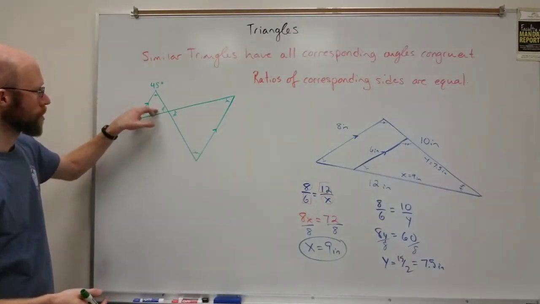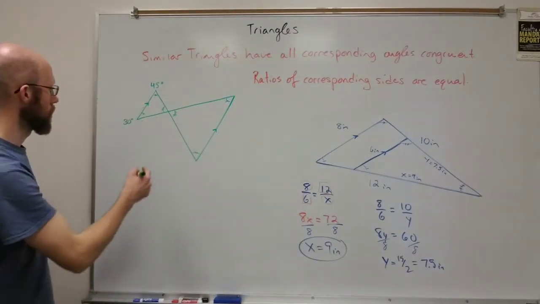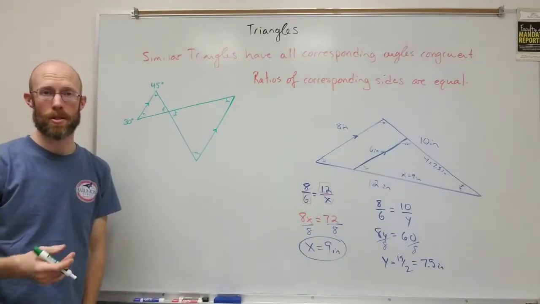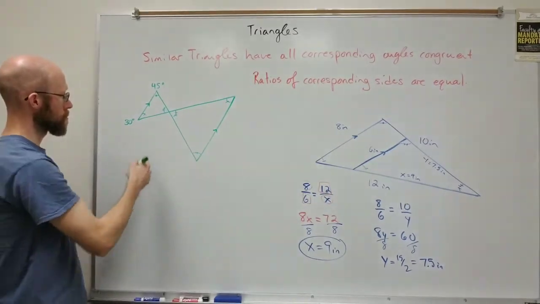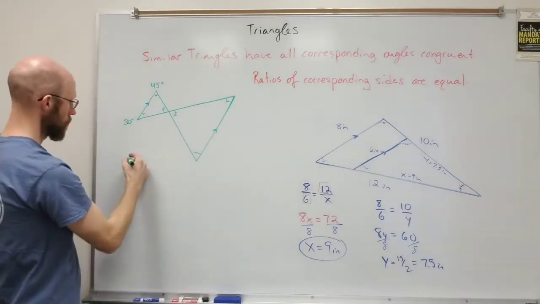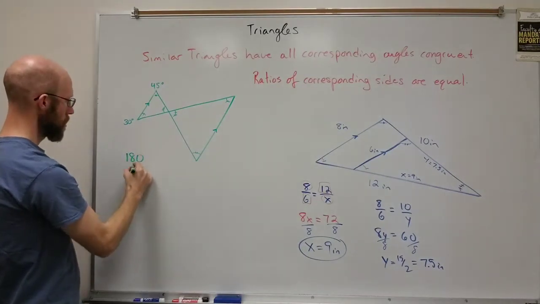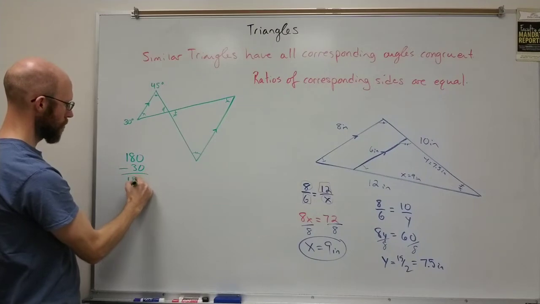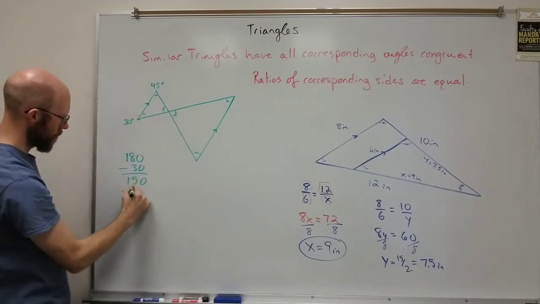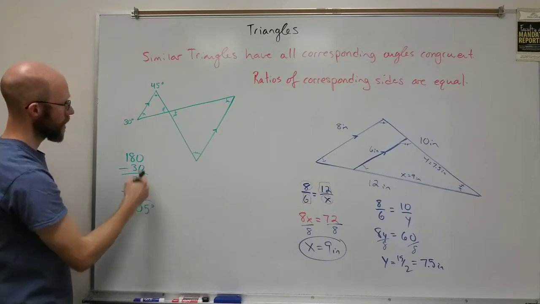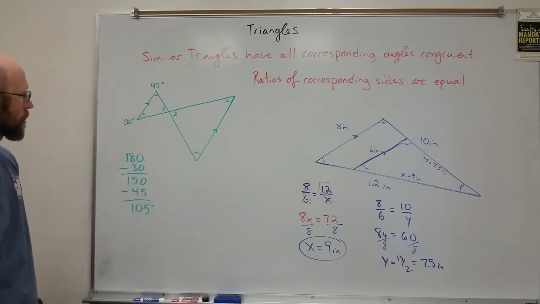The third angle measure on the triangle on the left here is found by adding all three and equaling them up to 180, which is the same as subtracting these two given ones from 180 to find the missing one, right? So 180 minus 30 is 150, and then subtract off the 45, and that would be a 105 degree angle right there.